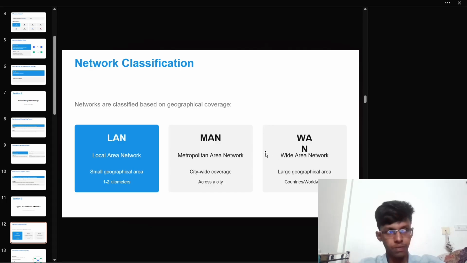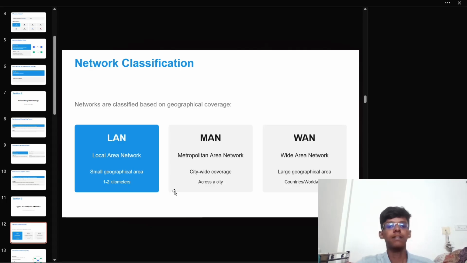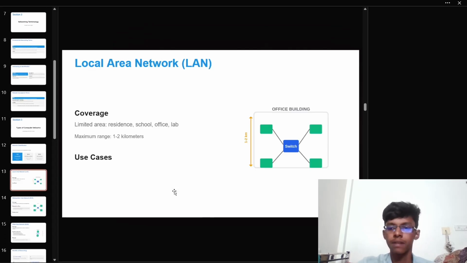LAN, the local area network, is self-explanatory, right? It's in a small geographical area. Metropolitan area network is a city-wide coverage area. Next, WAN, wide area network, large geographical area. Let's go to the next thing.